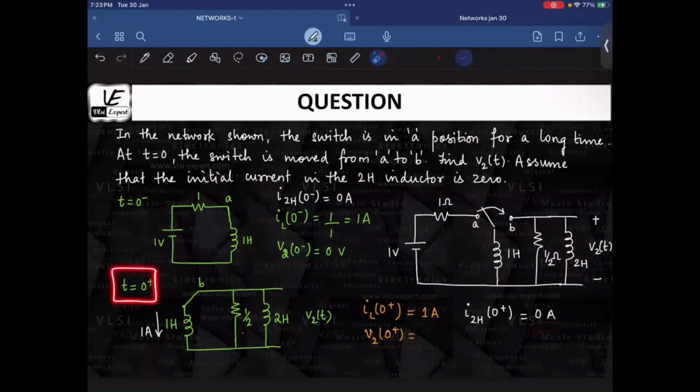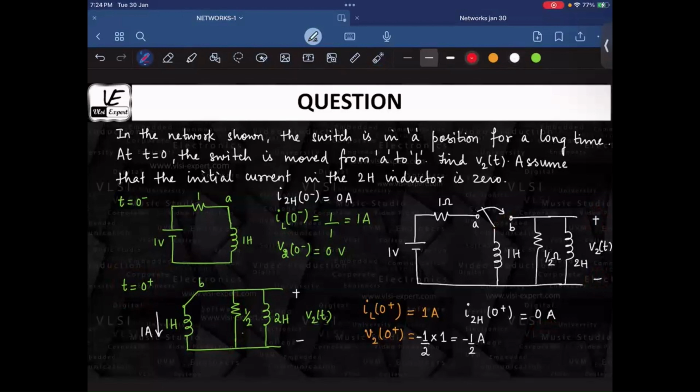So at this instant, right after changing the switch to B position, this current has to flow like this. But you see how I have marked the polarity, plus and minus. So will it be 1/2 into 1, but in the negative direction? Is it clear why it is negative?